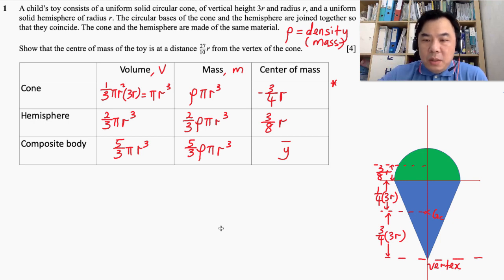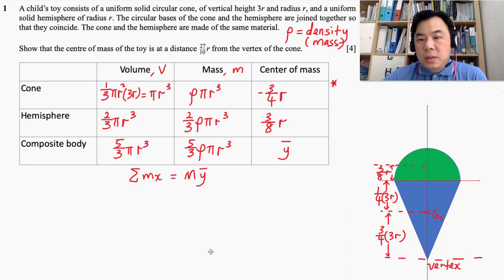Right, now from here itself, we're going to apply the same strategy. The sum of each individual moment must be the same as its moment for the composite body. So I'll still label this as this. Okay, now from here itself, the same strategy applies. So there will be 5 over 3 rho a y bar here, and then it will be the sum of all this.